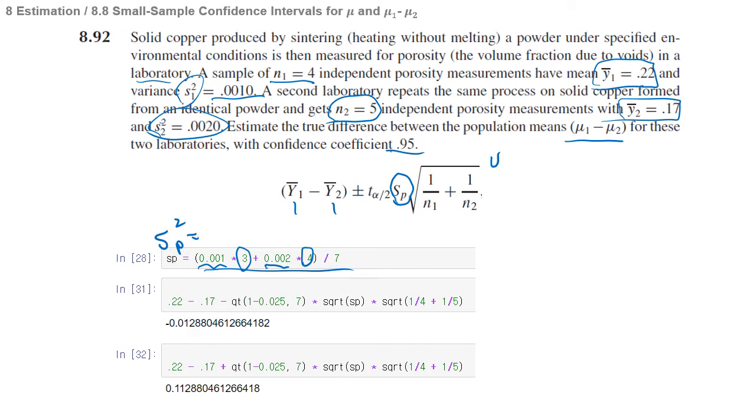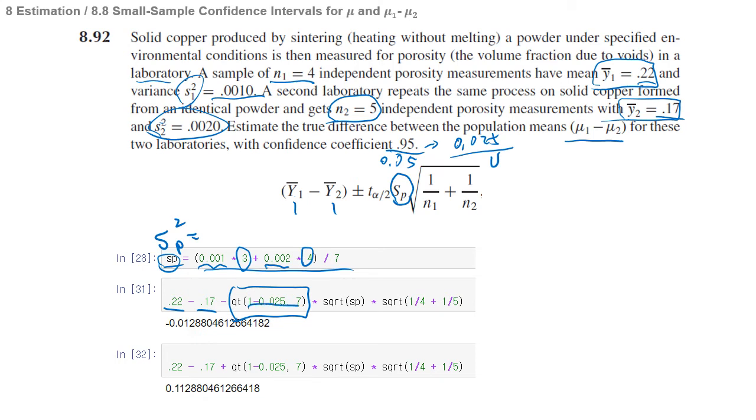And so you get Sp square here, and the other is, you know that y1 bar is 0.22 and y2 bar is 0.17, so this is y1 bar minus y2 bar and minus qt, and the degrees of freedom is n1 plus n2 minus 2, which is 7, and our alpha here is 0.05 and alpha over 2 is 0.025.